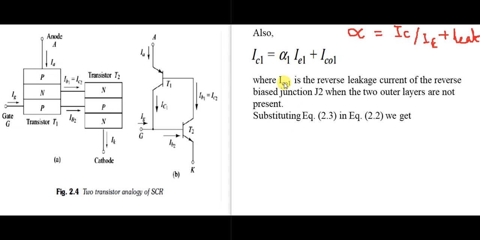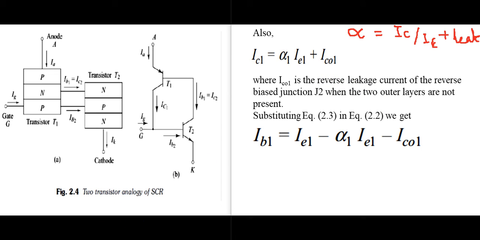ICO is the reverse leakage current of the reverse biased junction J2 when the outer layers are not present. Substituting these equations into the previous equation, we get IB1 equals IE1 minus alpha IE1 minus ICO. So we have substituted these values into the previous equations.